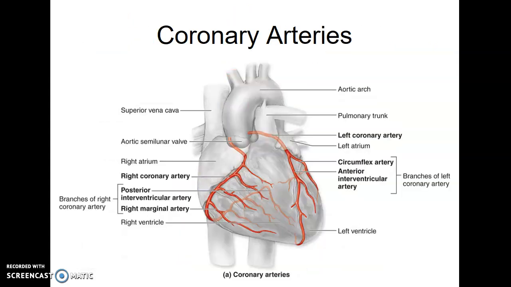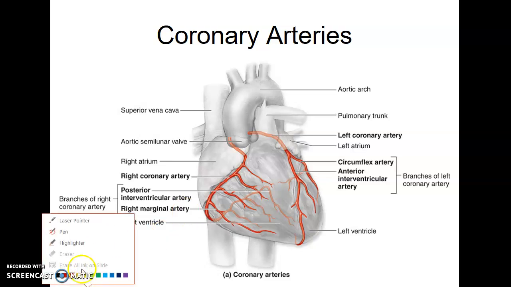And here, I like this view a lot because it lets us really see what is going on specifically with these blood vessels. So our coronary arteries are really neat because they arise and exit directly from the aorta. So they are coming right out of the source for oxygenated blood.